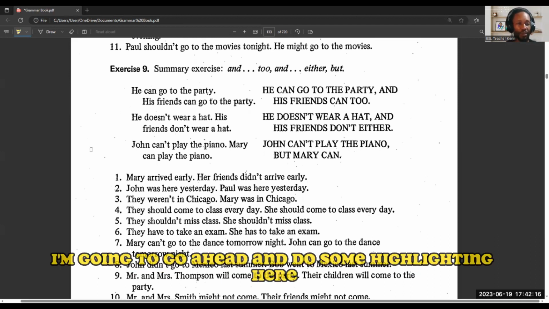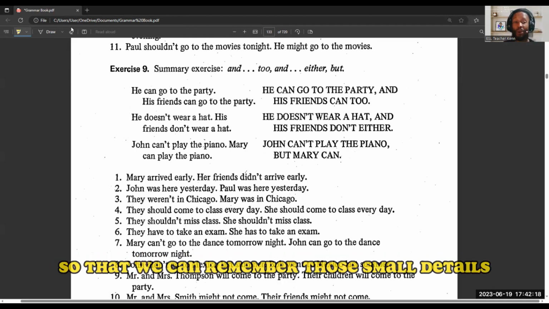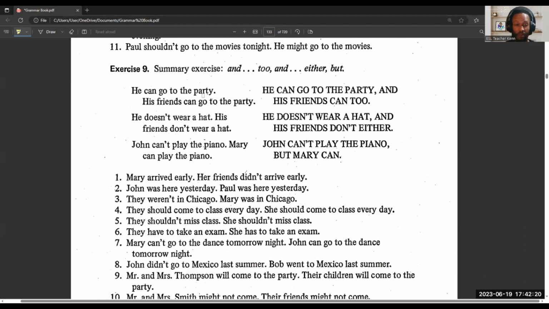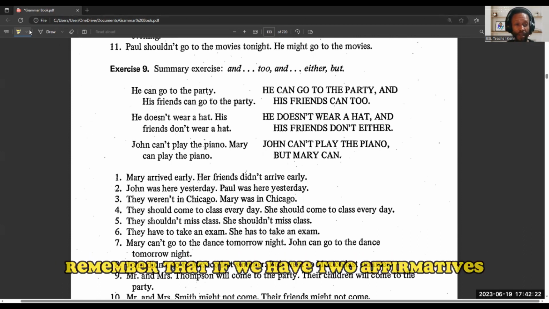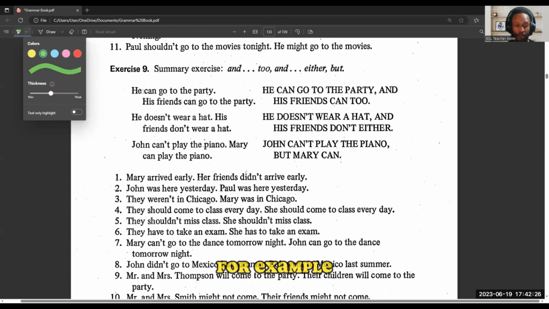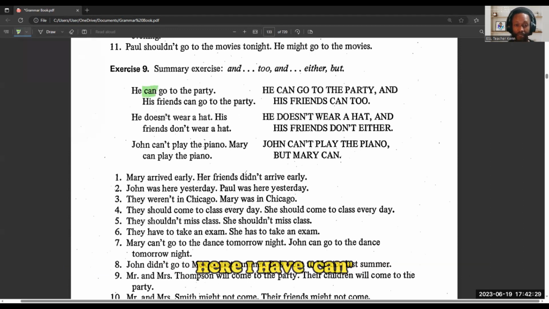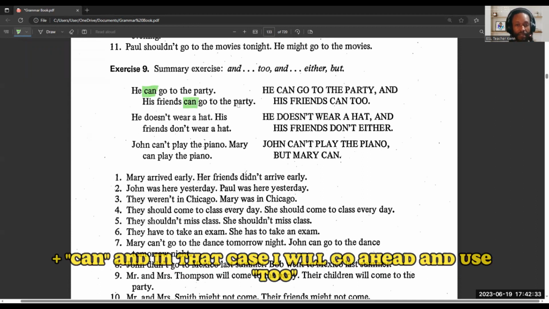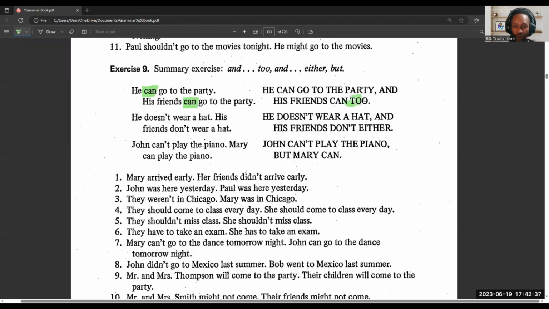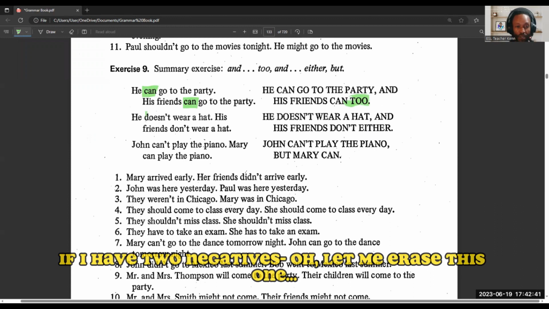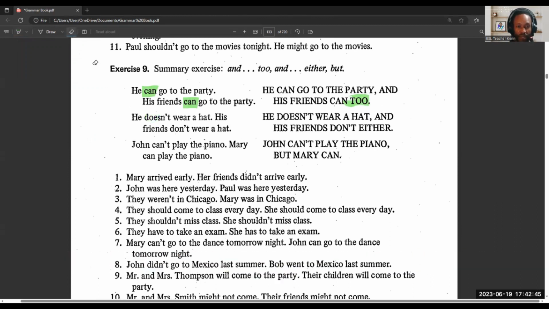I'm going to go ahead and do some highlighting here so that we can remember those small details. Remember that if we have 2 affirmatives, for example, here I have can, in that case, I will go ahead and use 2. If I have 2 negatives, let me erase this one. I'm going to use a different color.